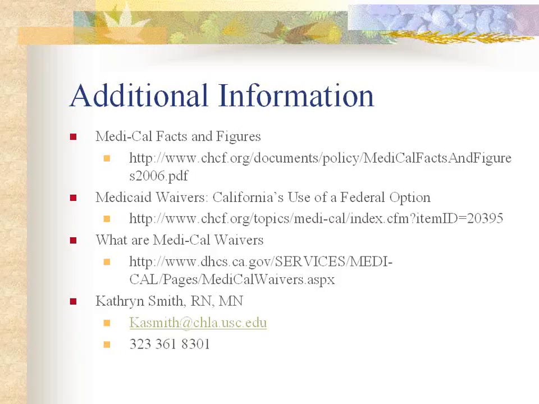Is there a way to find out how many people are on the waiting list for that waiver? That's a good question. I guess we'd have to check with one of your buds in Sacramento to find out how many people are on the waiting list. But if you only got 210 spots available, I'm guessing there are quite a few people on the waiting list. So, Tara, I would say for Family Voices that would be a great thing for us to find out, how many are on the waiver and how many are on the waiting list for both of those. Okay.